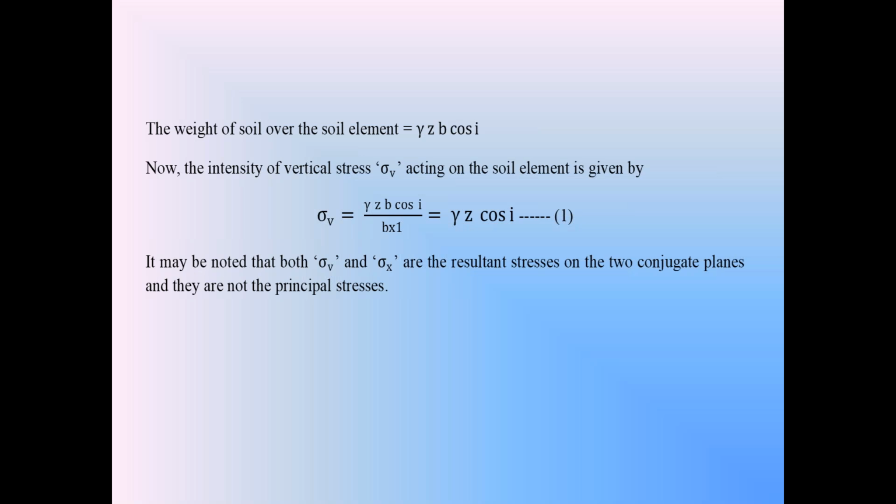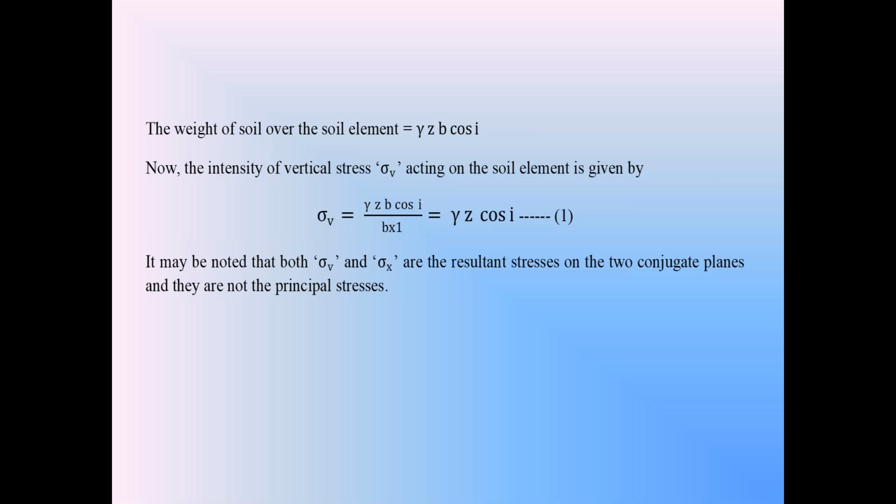Whereas when the backfill is a horizontal surface, the vertical stress sigma V is equal to gamma into z. But in the inclined backfill surface, at a depth z from the top of the backfill, the vertical stress sigma V is equal to gamma into z cos i.